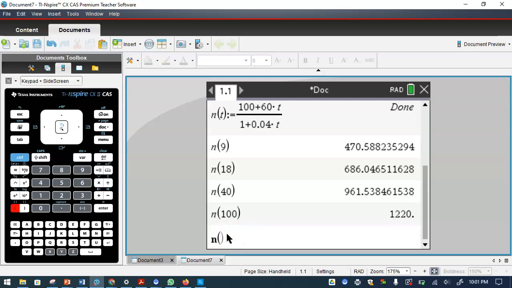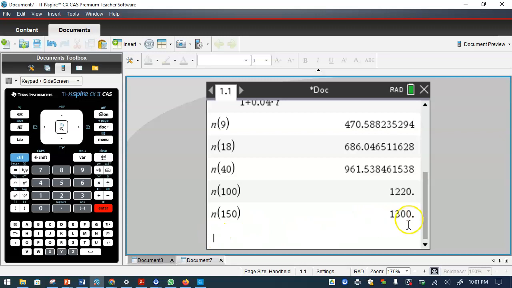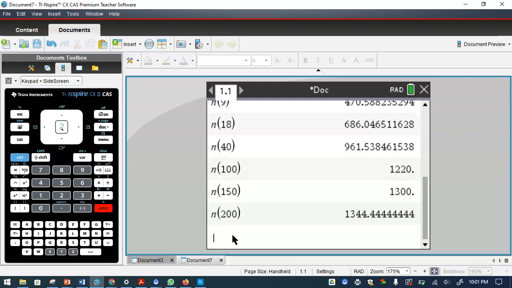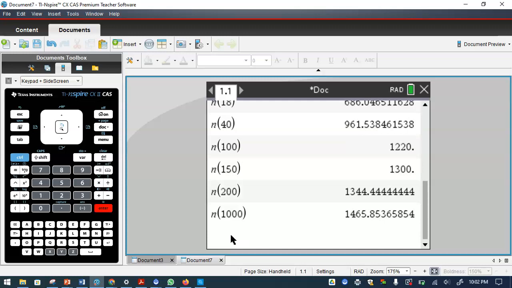Let's put 150. What happened is you almost get 1,300. If I put a bigger number, 200 years is too much, it's like 1,344. Just to check, as inquiry-based learning, what would happen if it is 1,000 years? It's almost 1,465.